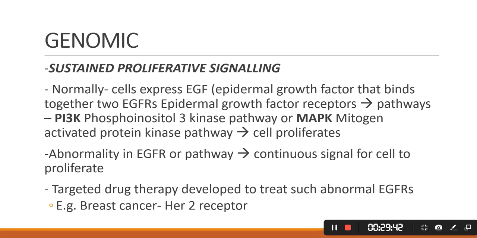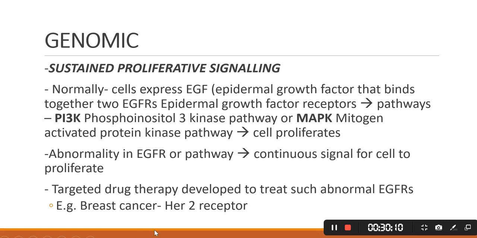Now why do we need to know this basic? Scientists realized that if you develop a drug which acts against these receptors, then you can stop the cancer. That is what they did in breast cancer. If you look at any breast cancer, there is an ER report, that is estrogen receptor, PR progesterone receptor, and HER2 receptor.